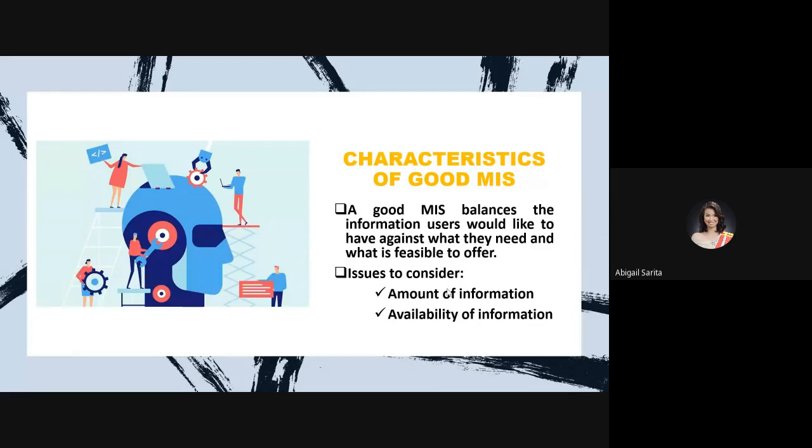So yung mga kailangan mo ba kompleto? Nandun ba yung age? Nandun ba yung contact number? Yung gender ba available? Yung address nandun ba? So you have to check that all the relevant information is available on your MIS. Lastly is yung cost.